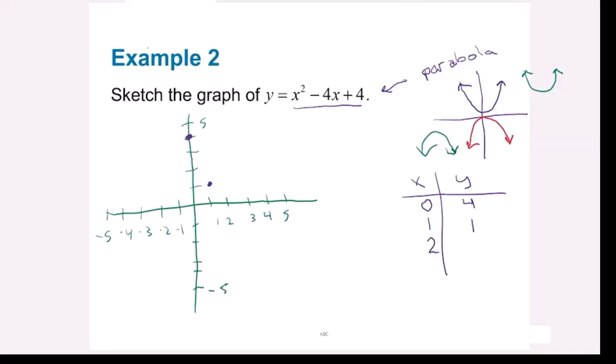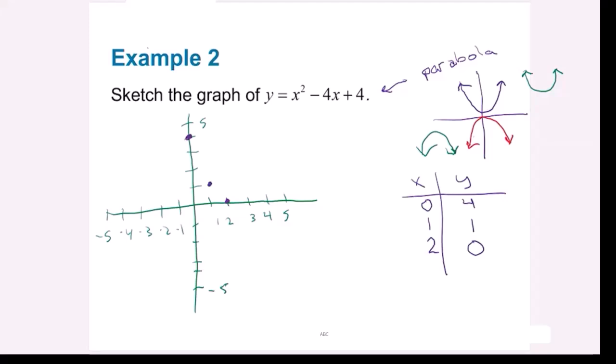What we need to find out is, is it facing up or facing down? And if it's facing up, where's the very lowest value? Let's see what 2 gives me. 2 gives me 4 minus 8 plus 4. That's 0. Now I have 2, 0. I still really don't know.